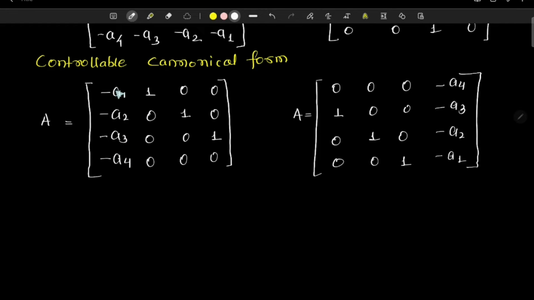if the first column contains the negative coefficients of the polynomial equation and the diagonal elements contain unity, and in this form if the last column contains the negative coefficients of the polynomial equation and the lower part of the matrix contains all the diagonal elements as unity, then we can call this observable canonical form.